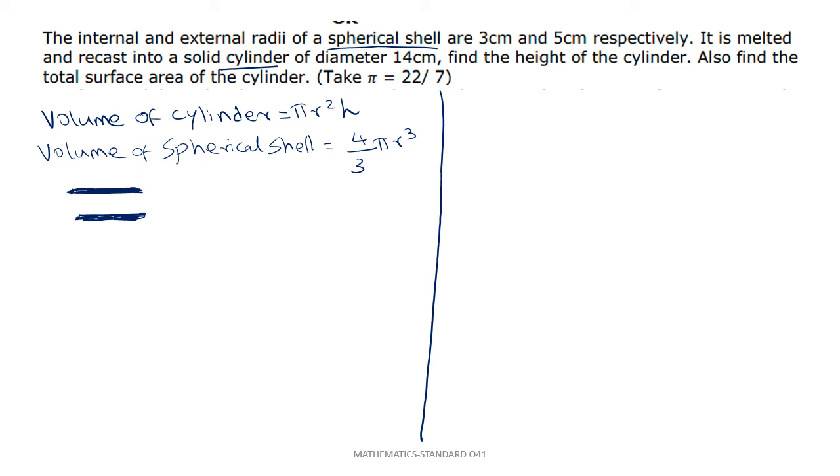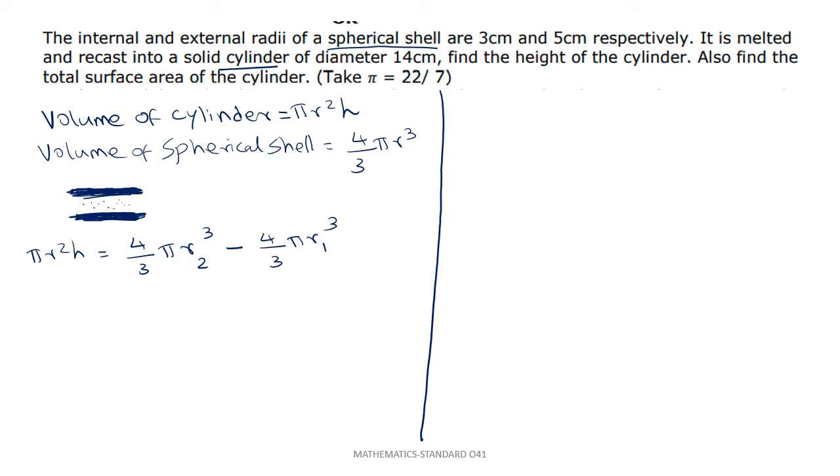First you write the formula. Pi r squared h is equal to 4 by 3 pi r2 cube minus 4 by 3 pi r1 cube, because we need only the inner volume. So we need to minus this shaded part, which is shaded like this.